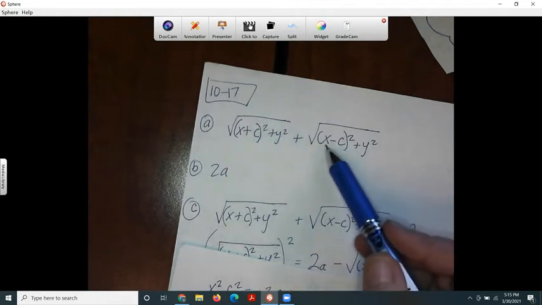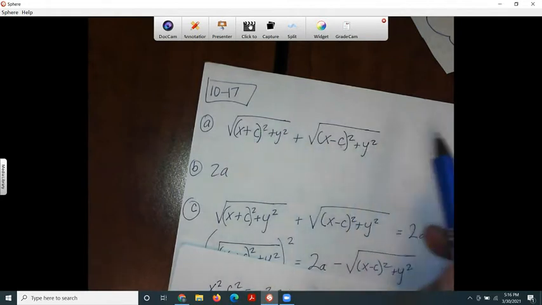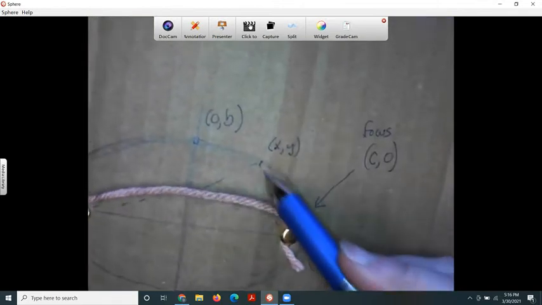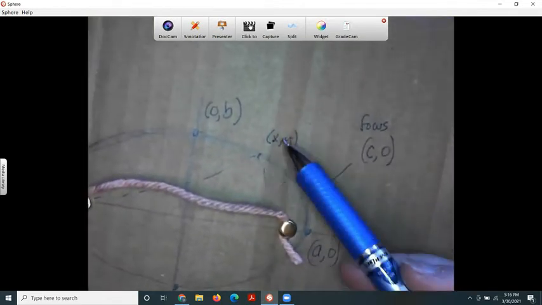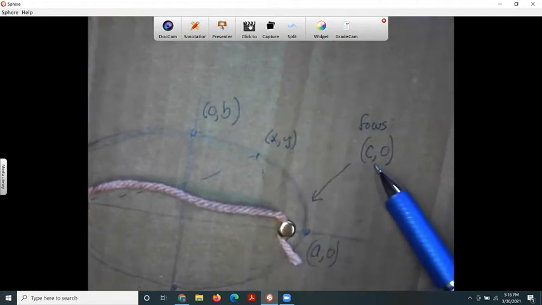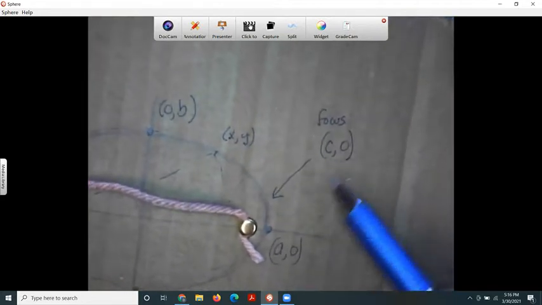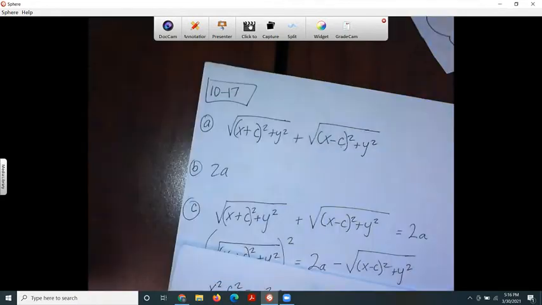And then x2 minus x1, and we do it again over here. So x2 minus x1, so it's going to be x minus c, and then y minus 0.